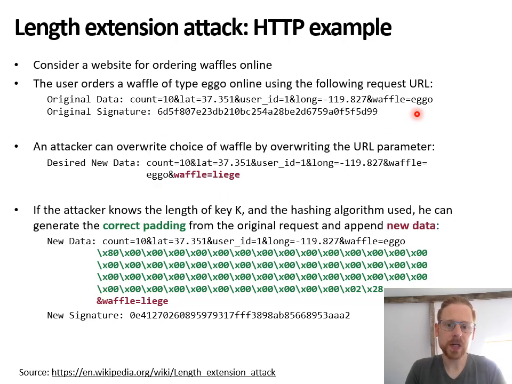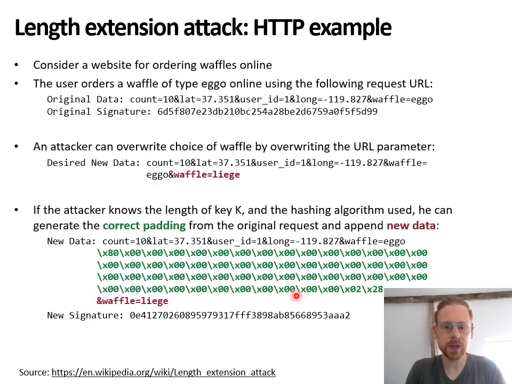However, if the attacker knows the length of our key and the hashing algorithm that was used, he can intercept the URL and the signature, which are quite easy to intercept using eavesdropping, and generate the correct padding. He knows that the padding looks like this green data here, because the padding algorithm is known. He can then append this new data after the padding and create blocks starting from this point, adding the new padding.